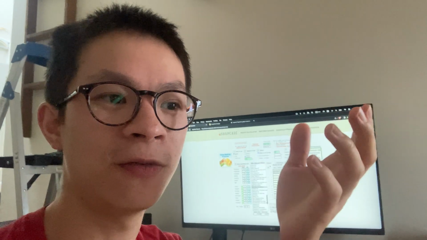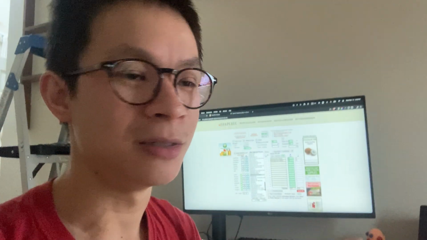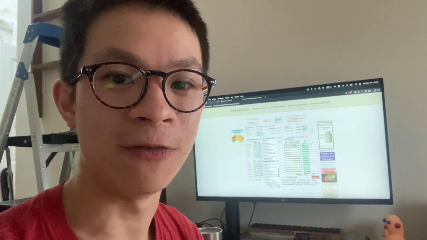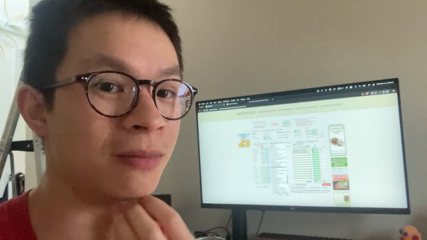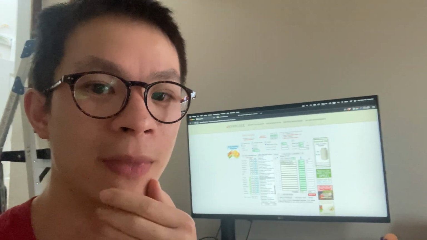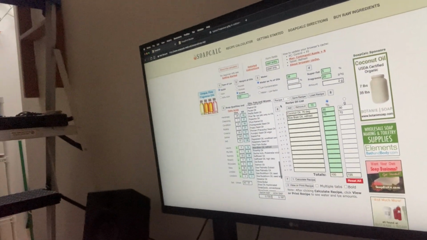If you don't have enough oil or you add too much lye, it's going to be a very nasty bar of soap. I've never gotten to that point, and hopefully I never do. So, 5% super fat, that's standard or something.